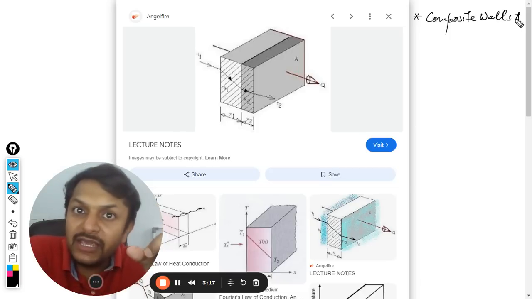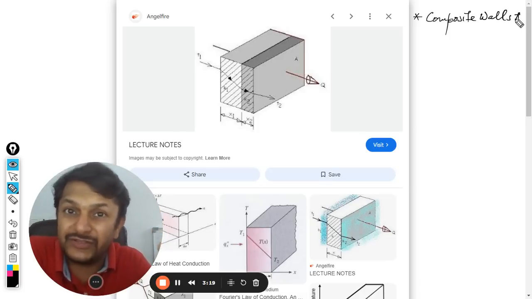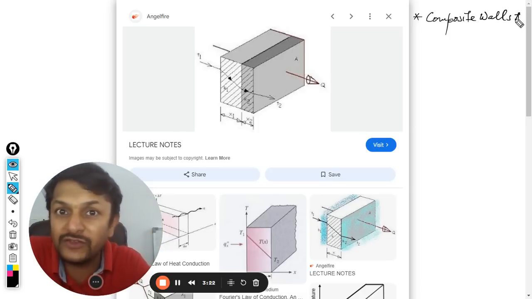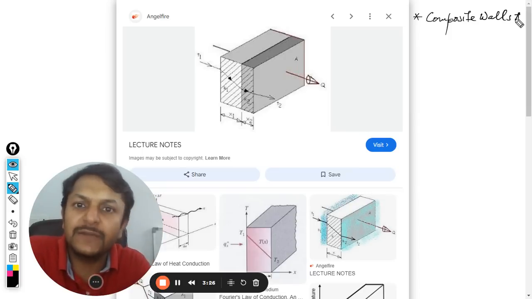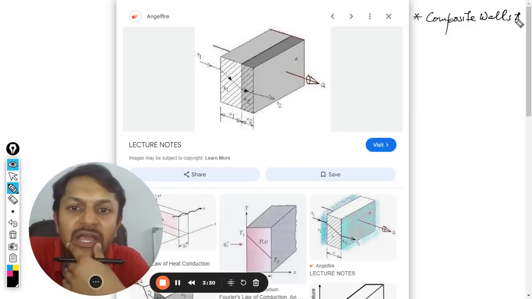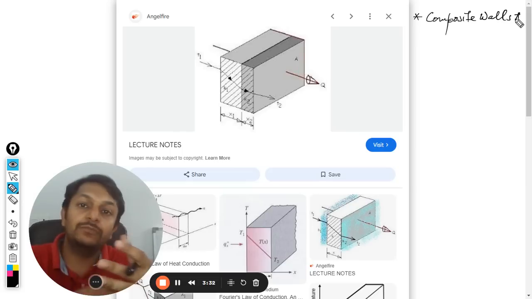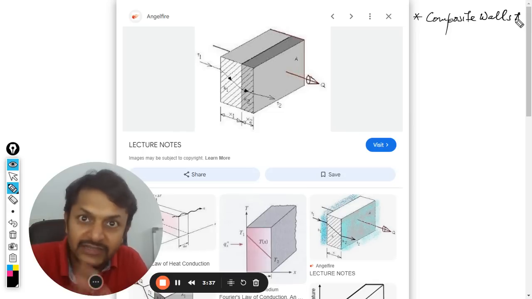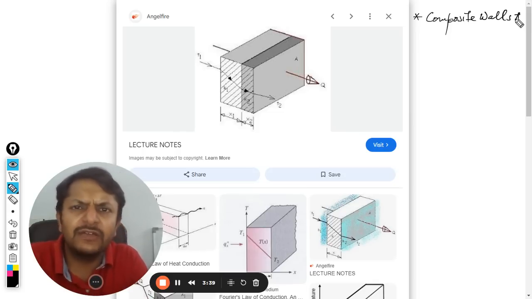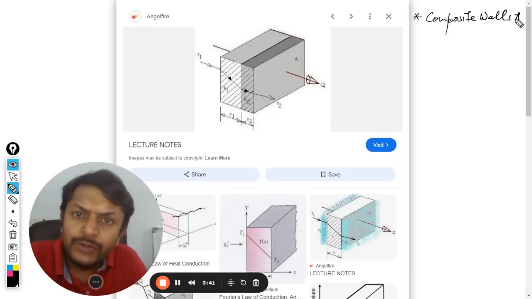But IB is always unpredictable with what kind of questions they're going to ask you in paper two. So if they have brought in the concept of thermal resistance and the Fourier law, you must ready yourself for the surprises. So this is a very small topic, that is why I decided not to skip it. So I would be telling you this.